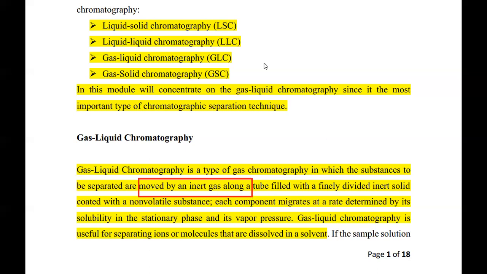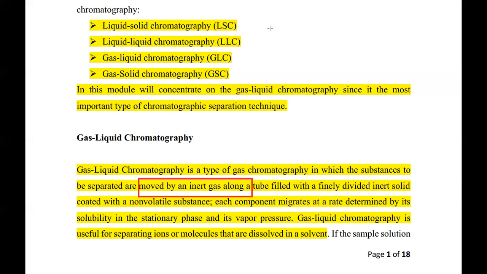Let me read it through and then I'm going to explain. Gas liquid chromatography is useful for separating ions and molecules that are dissolved in a solvent. Good. What do they mean?